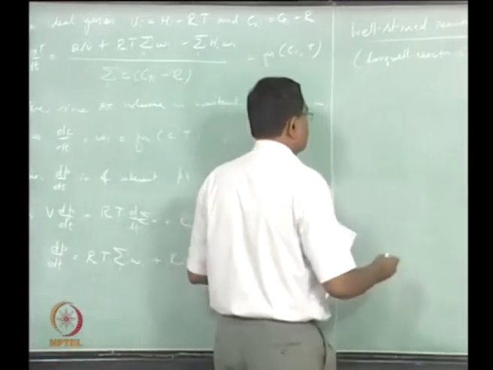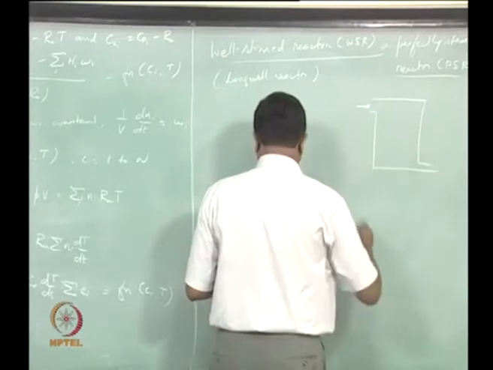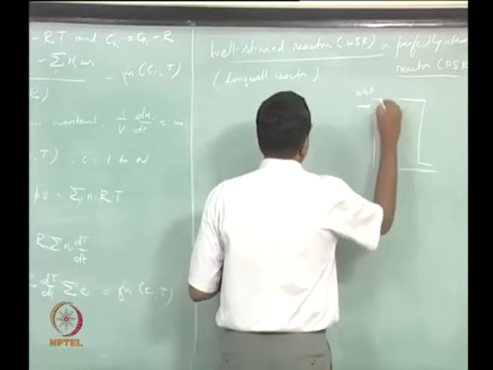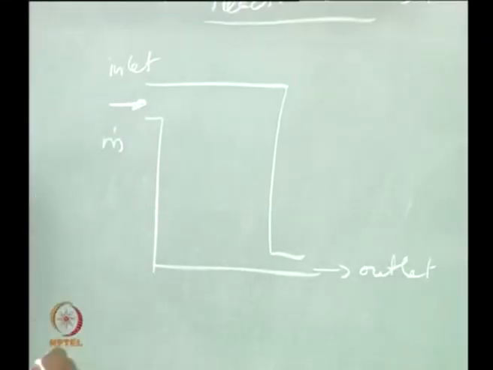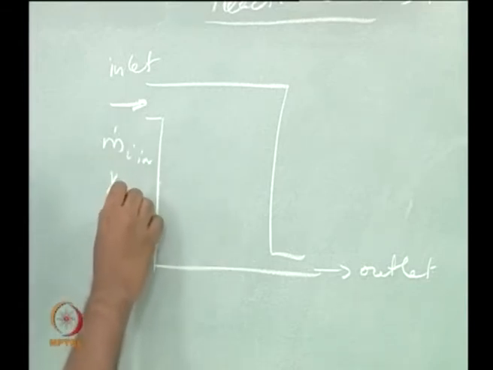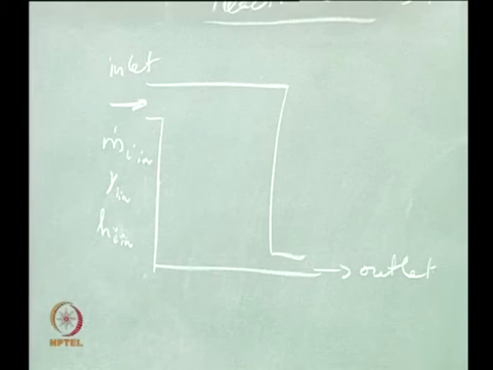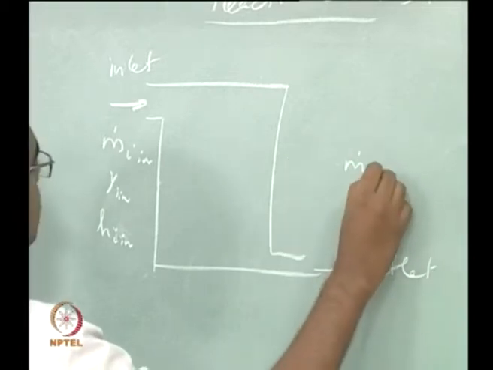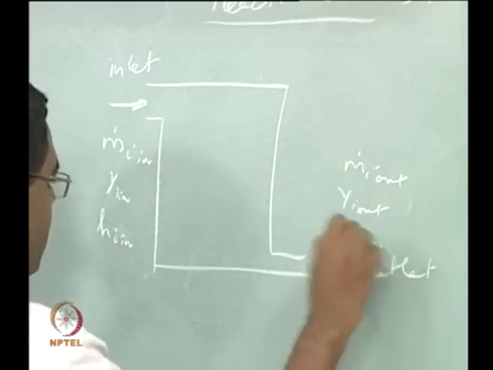So here what we are talking about is, you have an inlet and you have an outlet, and so you have an m dot i in and a corresponding Yi in and an hi in, the mass specific enthalpy of species i at the inlet, and correspondingly you have m dot i out, Yi out, hi out, and so on.